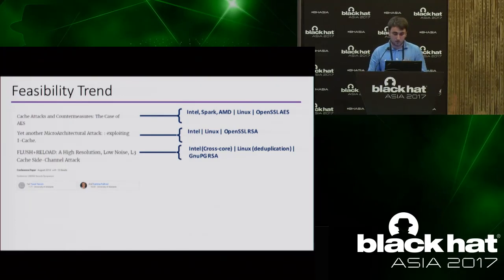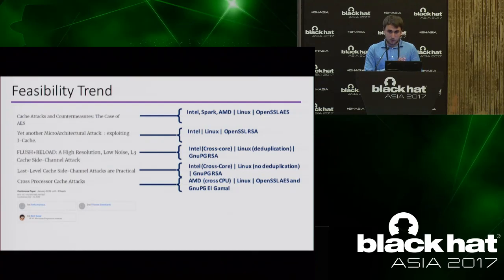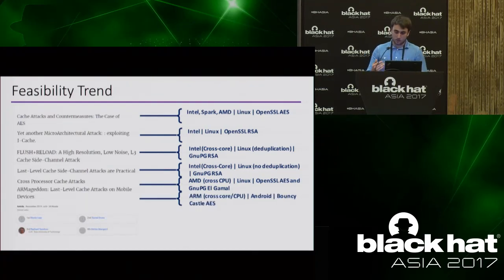First with deduplication, then without deduplication, then across CPUs, across CPU sockets, and finally in mobile devices. So we see the amount of work that has been done in the last 3-4 years, and also how we increased the practicality of this. And actually, if we see the trend, I'm expecting this to grow even more in the next years. So I'm expecting these attacks to be applied also in even more realistic scenarios.